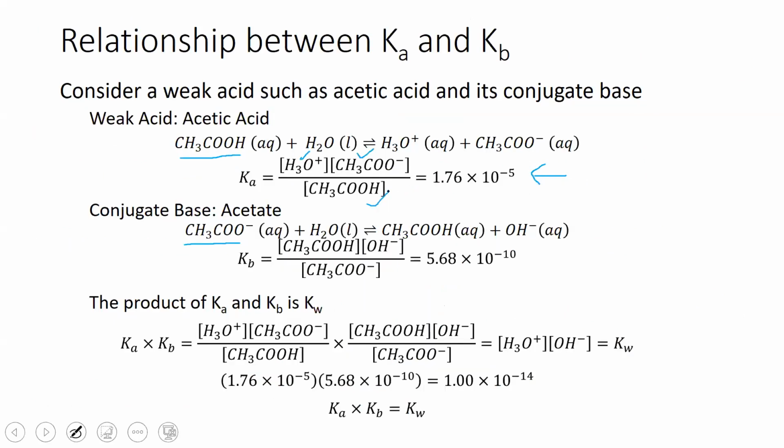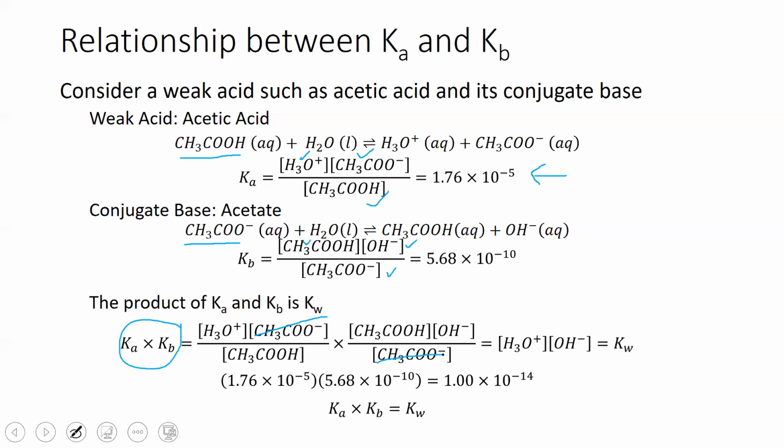And so that is related to the Kb, because in the Kb you have hydroxide in the numerator, but you also now have acetic acid in the numerator, and you have acetate in the denominator. So if you were to multiply Ka times Kb, Ka has acetate in the numerator and Kb has acetate in the denominator, so those would cancel out.